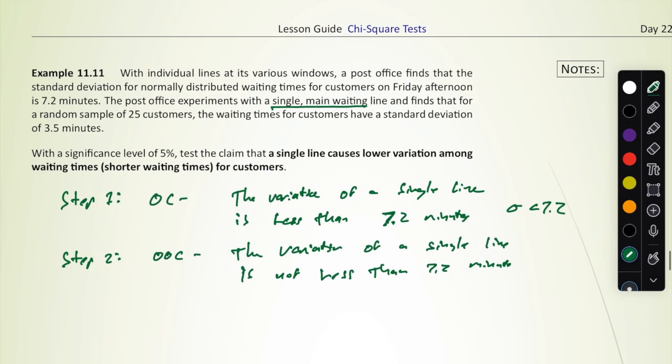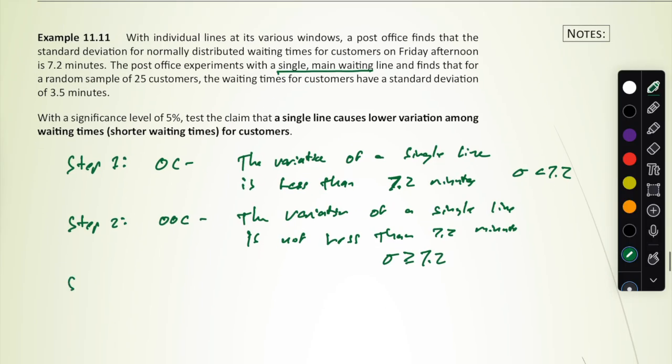We are testing sigma here. This other one is sigma greater than or equal to 7.2. And so step 3, my null hypothesis, is going to be sigma equals 7.2. The alternative will be sigma less than 7.2.